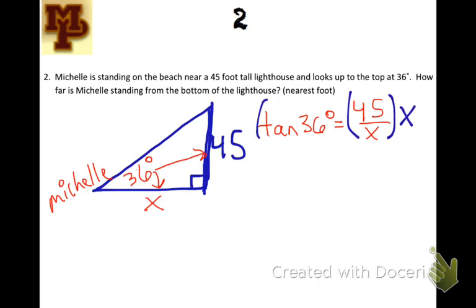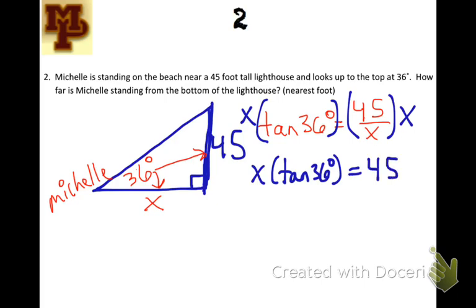So I multiply by x first, and so then that's x tangent 36 degrees is equal to 45, and then I would divide by tangent 36, both sides.